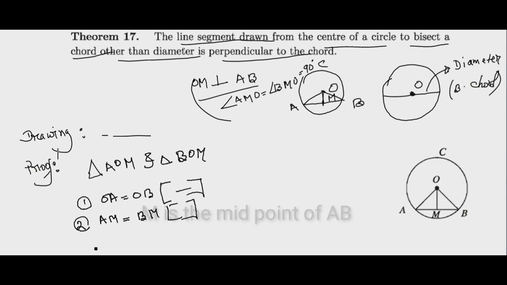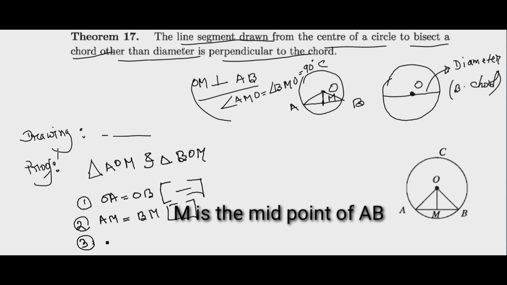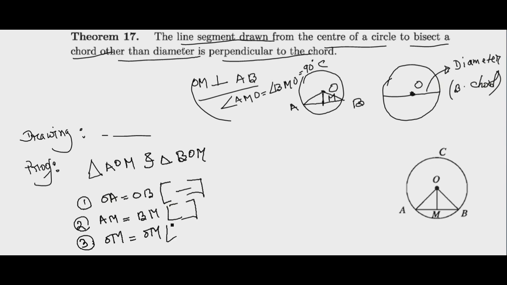This is because M is the midpoint of chord AB, and OM is equal to OM because OM is the common side of both triangles. So to prove two triangles congruence, we have three conditions here. So we can say triangle AOM congruent to triangle BOM.